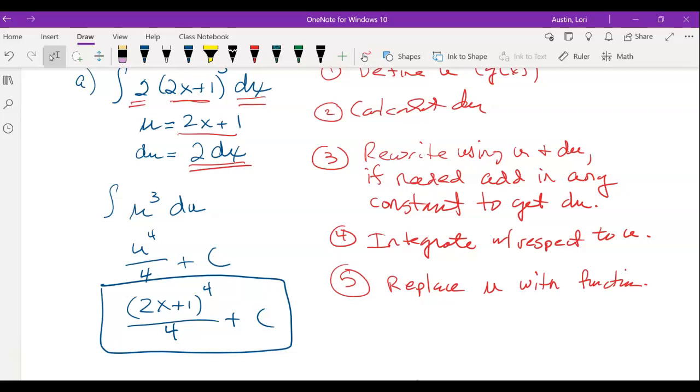But how come we did not use the dx all this time and we're using it now? So we kind of did.